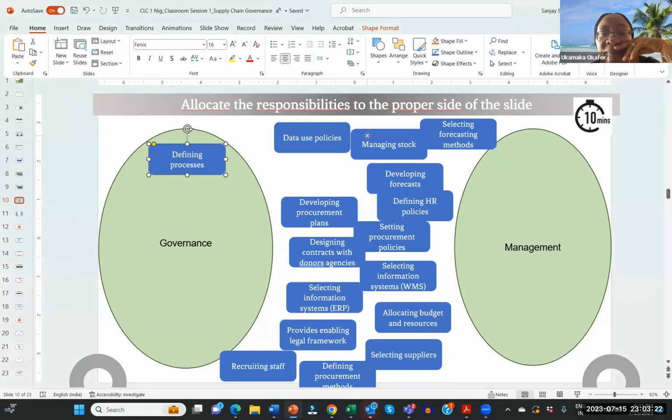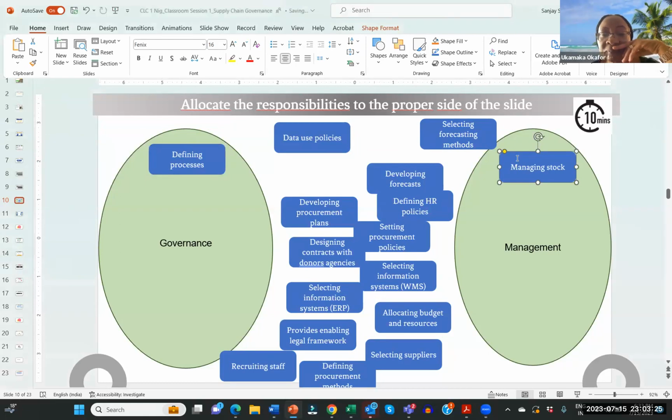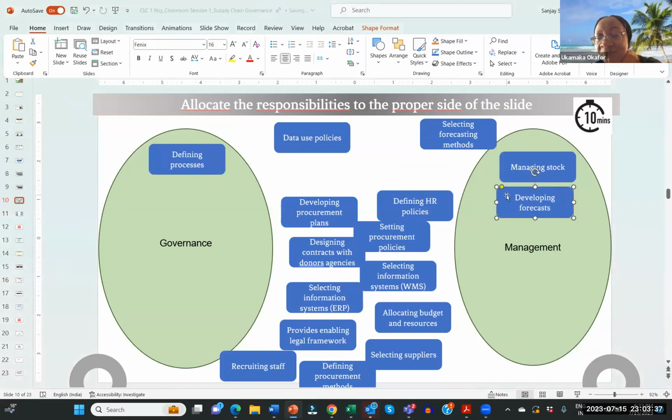Okay, managing stock management. Okay, next, Dr. Olubisola. Okay, developing forecasts could be management. Okay. Mercy Olonio. Okay, good evening, everyone. Allocating budgets and resources, governance.